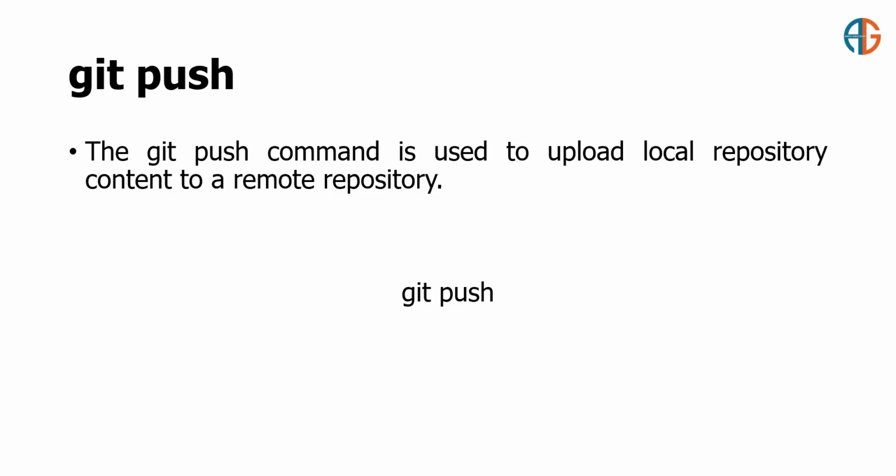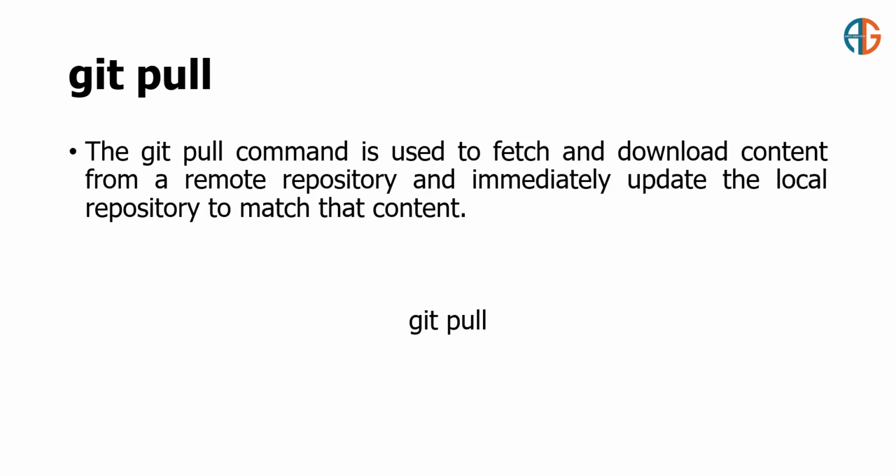Then push. This push command is used to push your files from the local repository to the remote repository, that is from Git to GitHub. And pull: this pull command is used to fetch or download the contents present in the remote repository, that is from GitHub to Git.